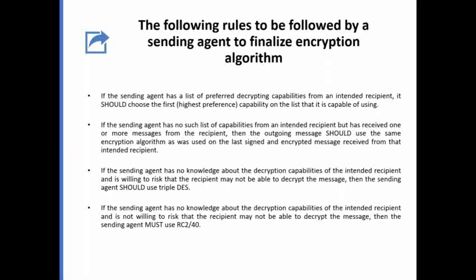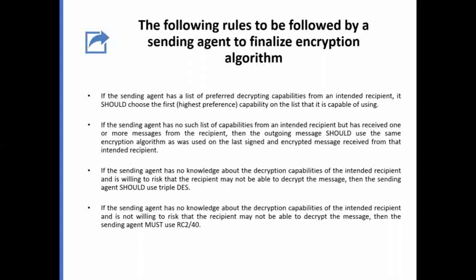The first rule says, if the sending agent already has the list of preferred decrypting capabilities, which is given by the intended recipient, then the sending agent will select from that list based on the receiver's preference. He will choose the encryption algorithm that makes it easy for the receiver to decrypt the data. This is the first rule.